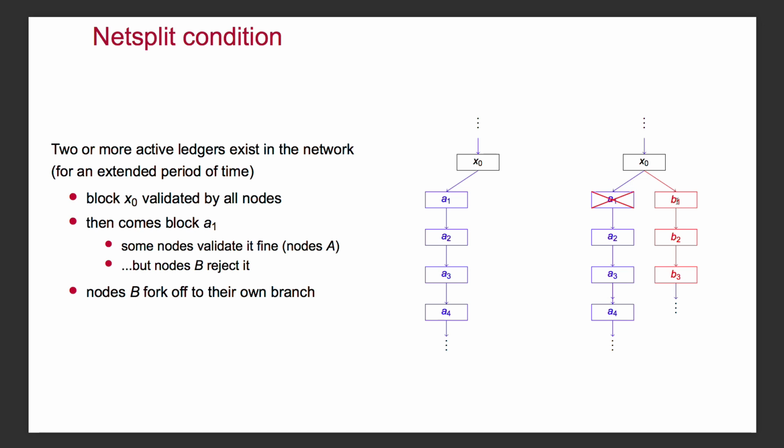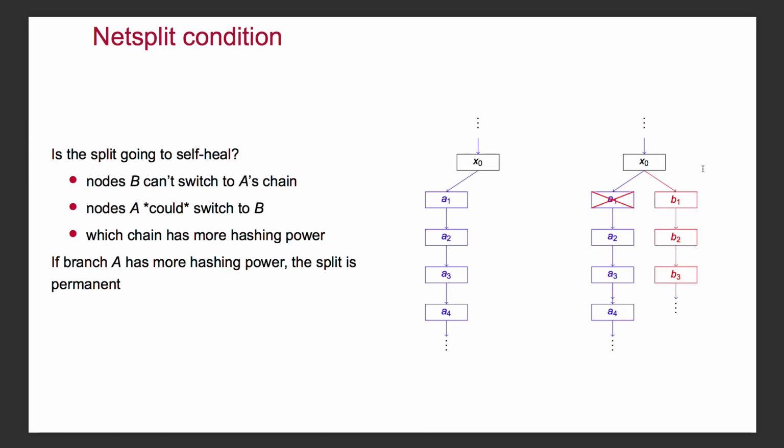And then they mine blocks B1, B2 and B3. So one part of the network sees the A chain, that's the A nodes, and the other part sees the B blocks, and these are the B nodes. And there's a split.